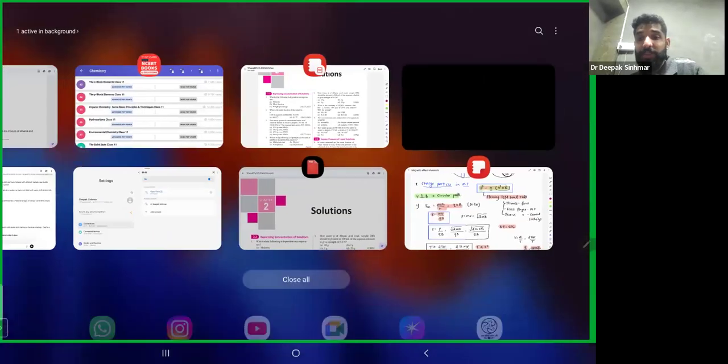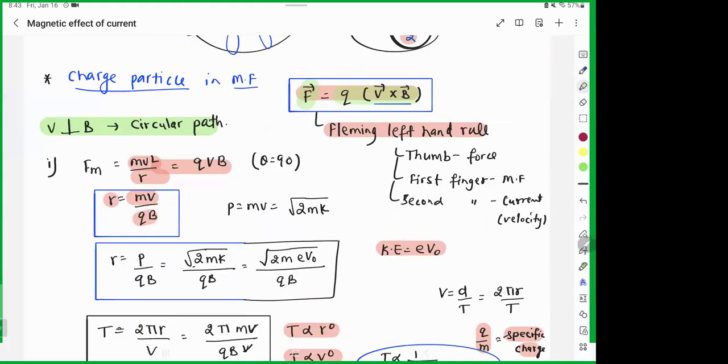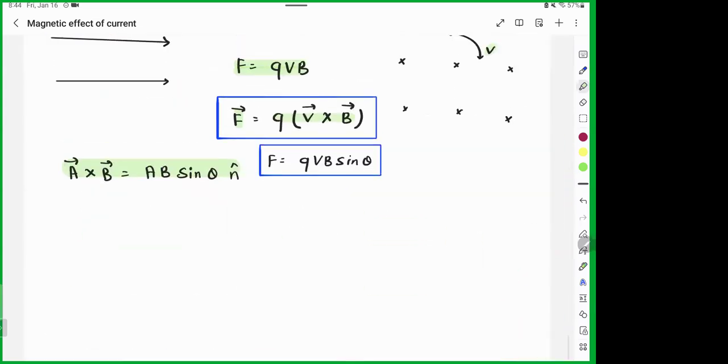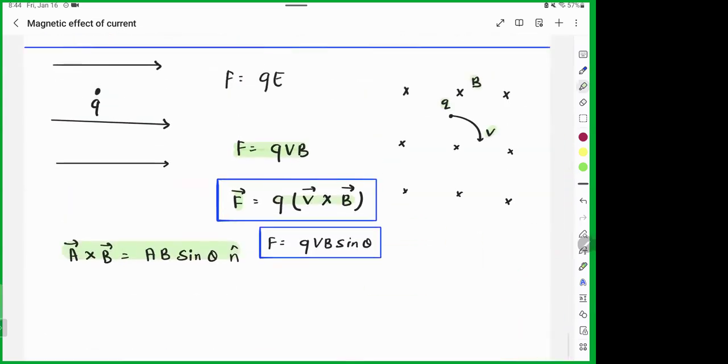Based on this, you can calculate the direction of the charge, like how the charge will move. Example, the charge will move in circular motion.